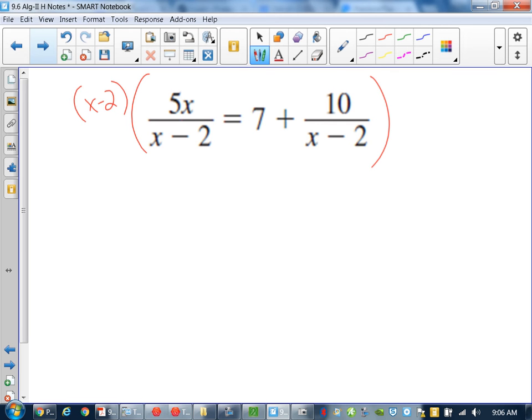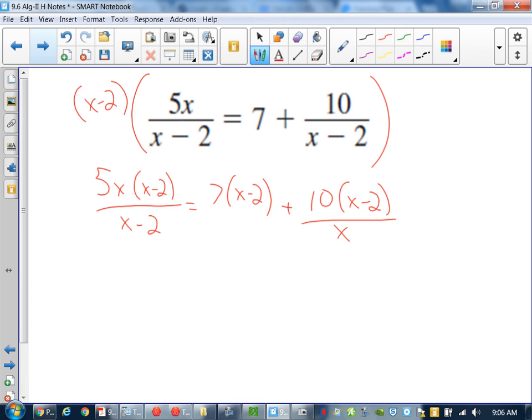Now, again, I want you to, don't write this first step out, but I want you to see what's happening by distributing out this x minus 2 to each term. It allows for the fractions to go away because they create monomials that allow the terms to drop.